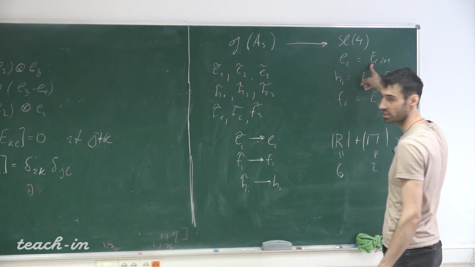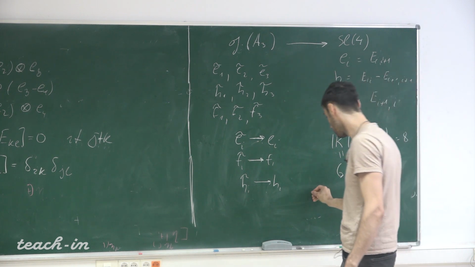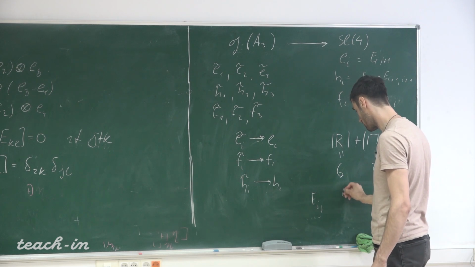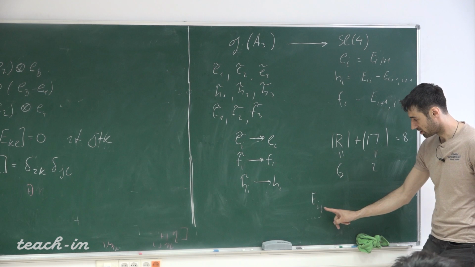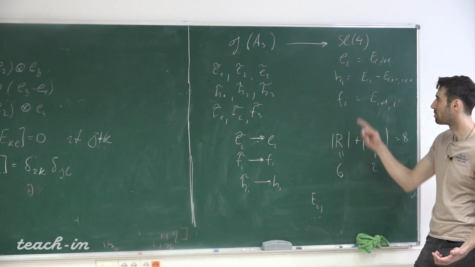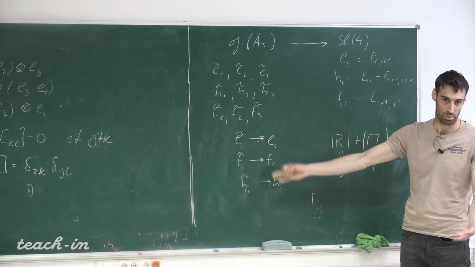So the only thing that I need to obtain here is E_ij, right? Where the difference between i and j is greater than 1. These are the only basis elements in here that I still don't know where they are.